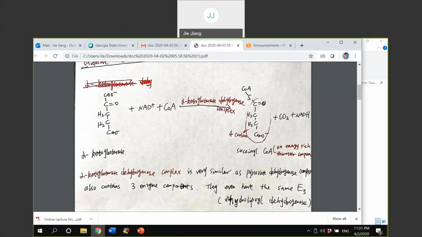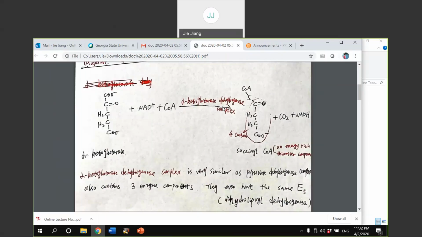If you still remember, before entering the citric acid cycle, pyruvate is converted to acetyl-CoA. That reaction is catalyzed by the pyruvate dehydrogenase complex, right? That complex contains 3 enzymes and 5 coenzymes. This alpha-ketoglutarate dehydrogenase complex is very similar to the pyruvate dehydrogenase complex.